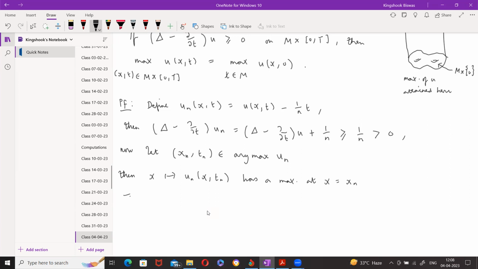That implies that the Hessian in the space variable, Hessian of u_n at x_n, is less than or equal to 0, right?